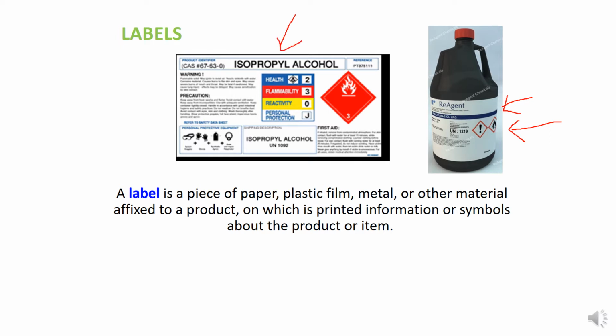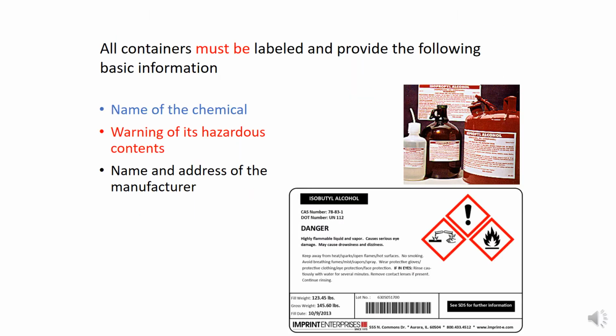Here you can see the complete label. It contains a lot of information about the product name, the sign, and many other signs. We will just have a look at the important information on this label. We will not go thoroughly into the whole label because it contains a lot of information.